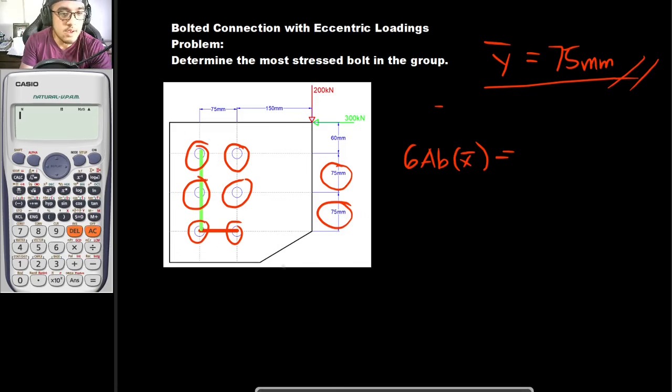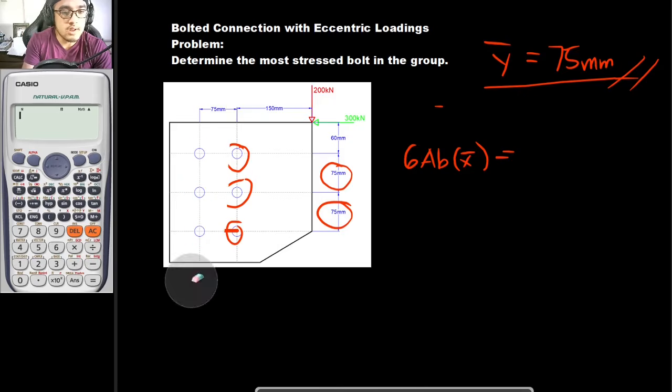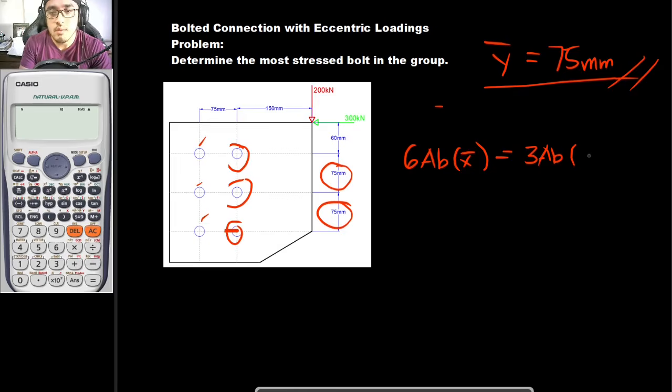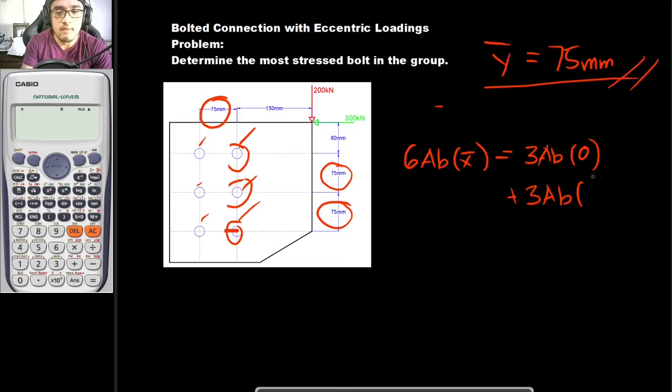For these first 3 bolts on the left, that is 3AB times its lever arm, which is 0. As for these 3 on the right, plus 3AB, and its lever arm would be 75 mm. This is 37.5 mm.